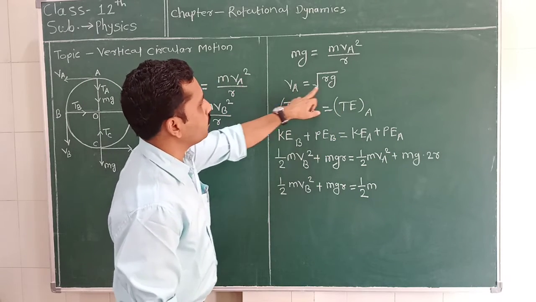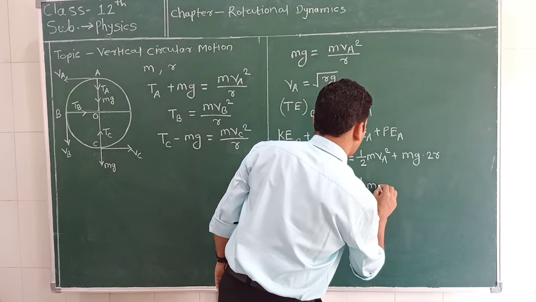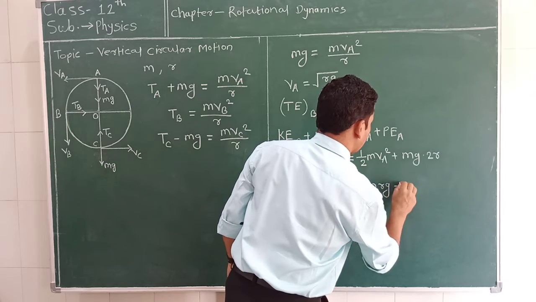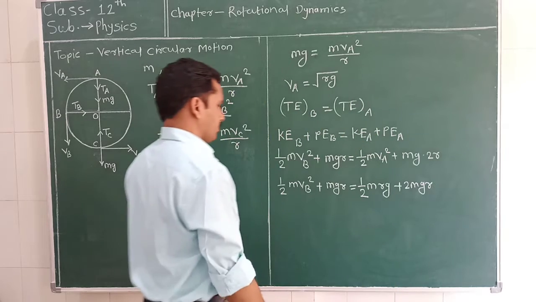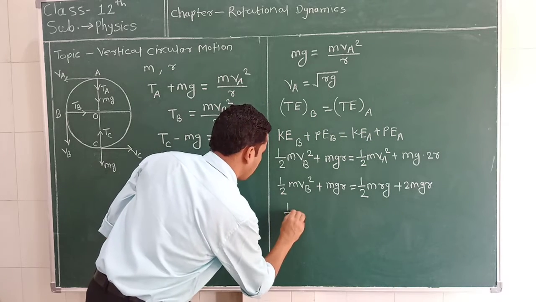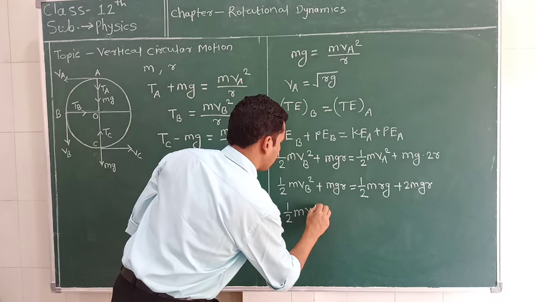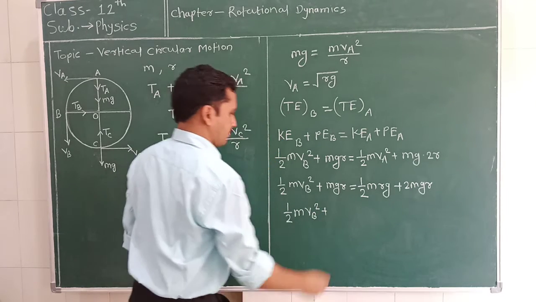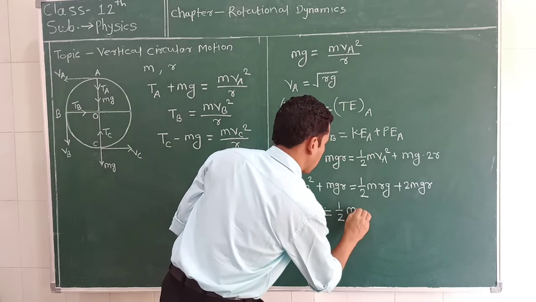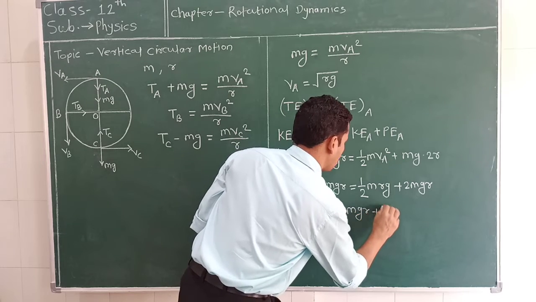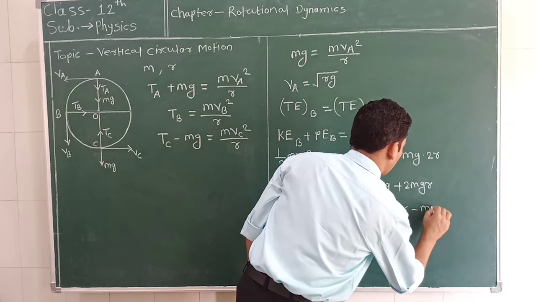What is va? va is equal to under root rg. Therefore, va square is equal to only rg. Therefore, it is equal to 1 by 2 mrg plus twice mgr. Therefore, we can write here 1 by 2 m vb square is equal to 1 by 2 mgr plus twice mgr minus mgr.